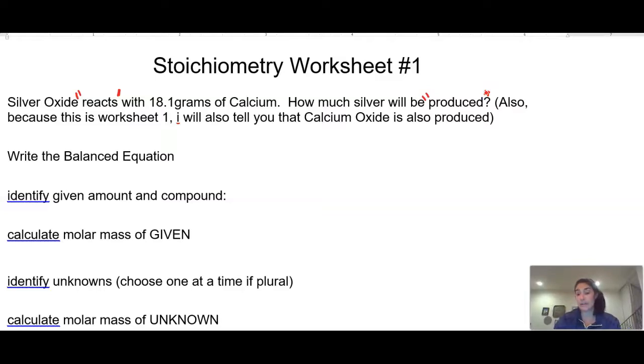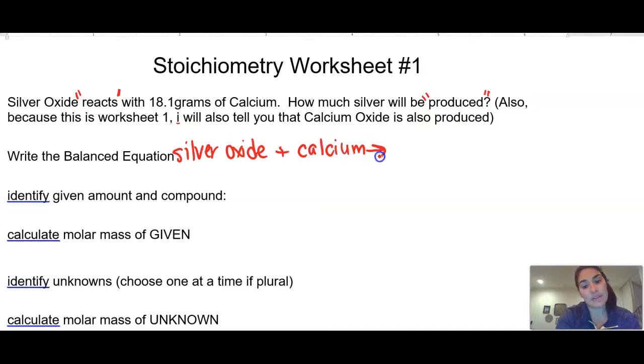And so the first thing I need to do is write that balanced equation. Sometimes I think it's helpful for students to take a beat and actually write the words. So it says silver oxide reacts with calcium. So I'm going to write silver oxide, like the word, plus calcium.